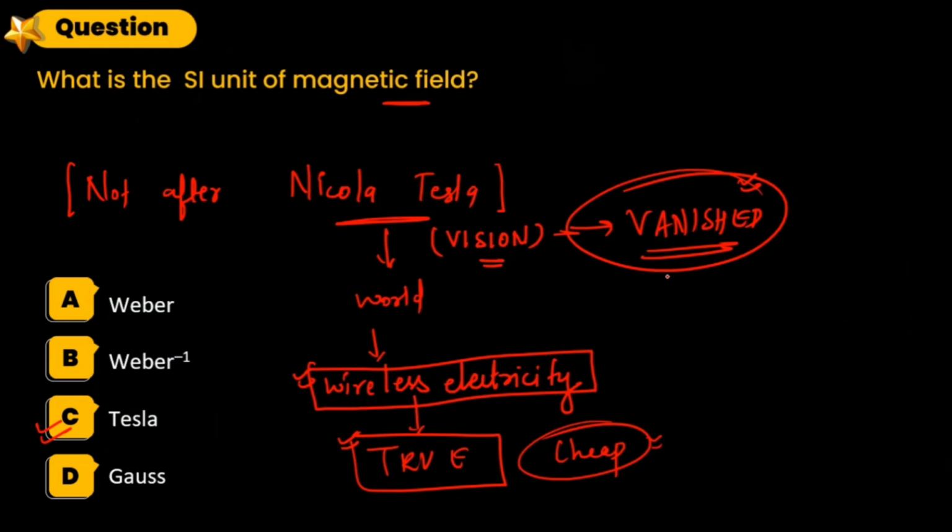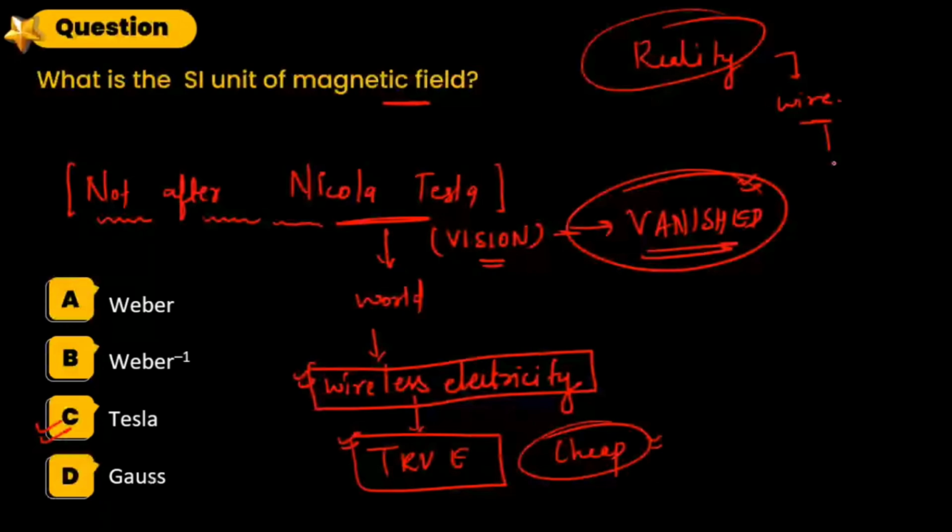There were so many different factors as well. If this had become reality, then most of the companies who are actually selling wires and making conductors would shut down. And that is something they did not want. So I don't know what happened at that time. I was not there, so I can't say what actually happened.